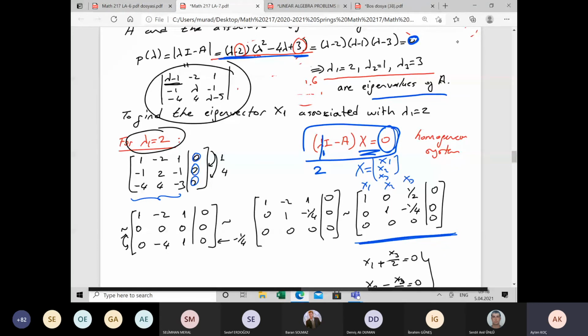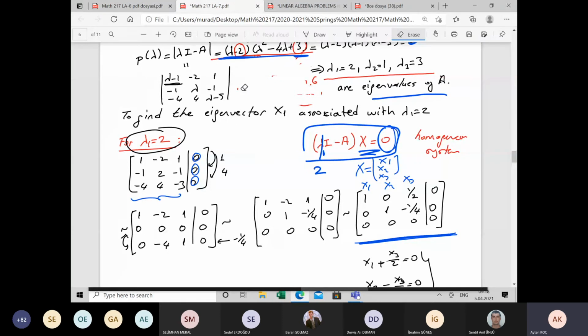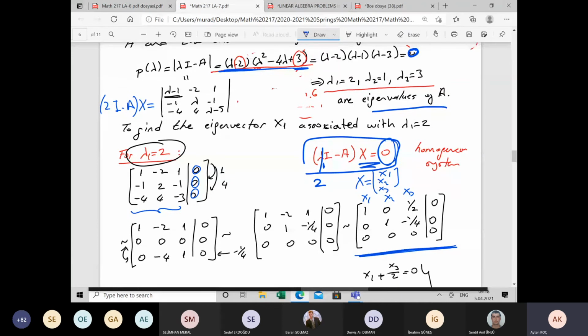The lambda is 2. Lambda times I minus A times x, with 2 substituted, gives the coefficient matrix. Write x as x1, x2, x3 equal to 0. Homogeneous system.